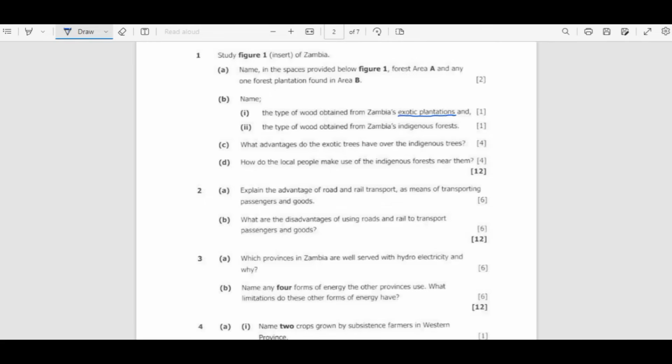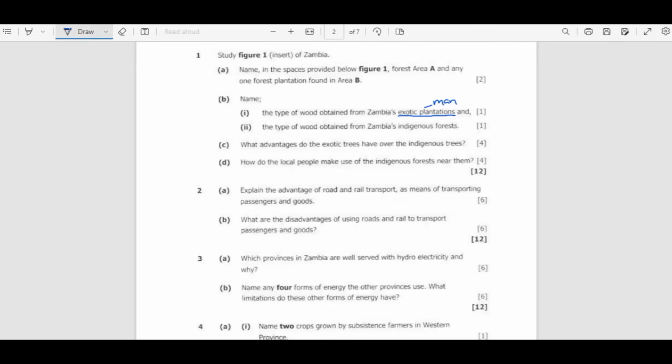So exotic plantation, we are looking at those plantations that are planted by man. So this has to do with man. And then we can look at those types of wood obtained from exotic trees. For example, Chichere plantation, what type of wood can we find there?